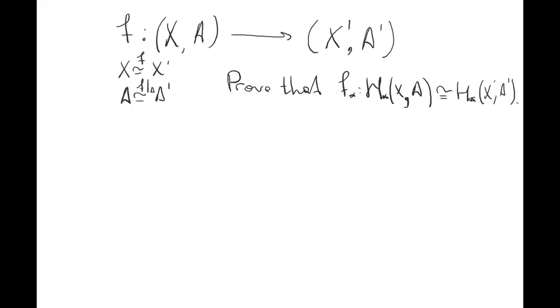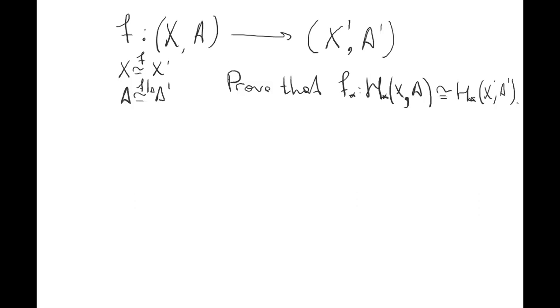Okay, any assumptions? It seems like if we put together the long exact sequence and the 5 lemma, that's most of it.